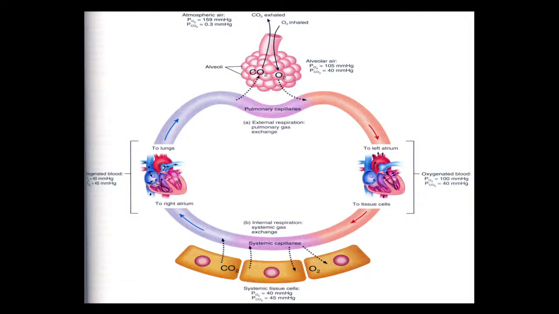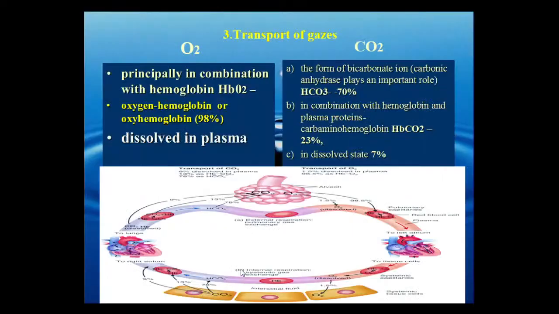That's why partial tension is 0, and vice versa. Carbon dioxide in cells, partial tension for carbon dioxide in cells achieves 60 millimeters of mercury. That's why we have movement of oxygen to cells, and carbon dioxide in the opposite direction. Third stage, it's transport of gases.